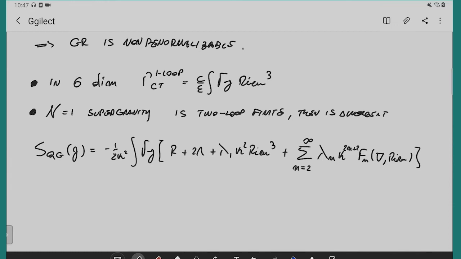Can I make a question or a comment? Mm-hmm. So I think in the literature there's mention that there's an exception, a renormalizable gravity which is conformal, with 4 derivative terms. Yeah, this is what I'm going to talk about after. Okay, sorry.